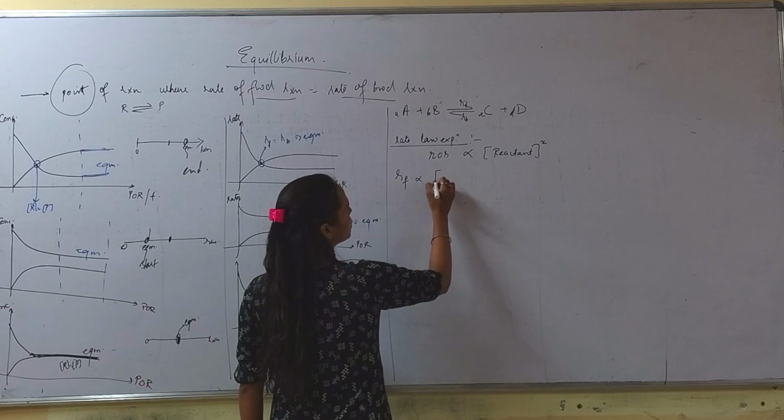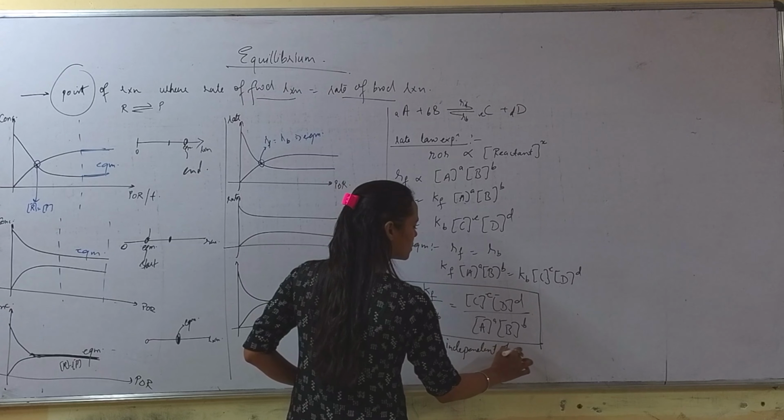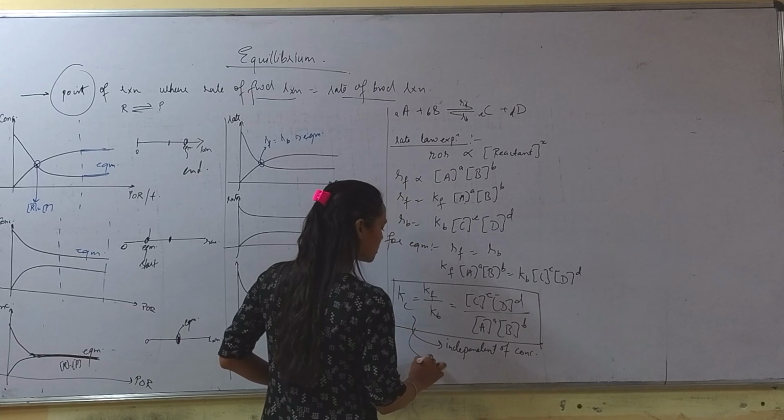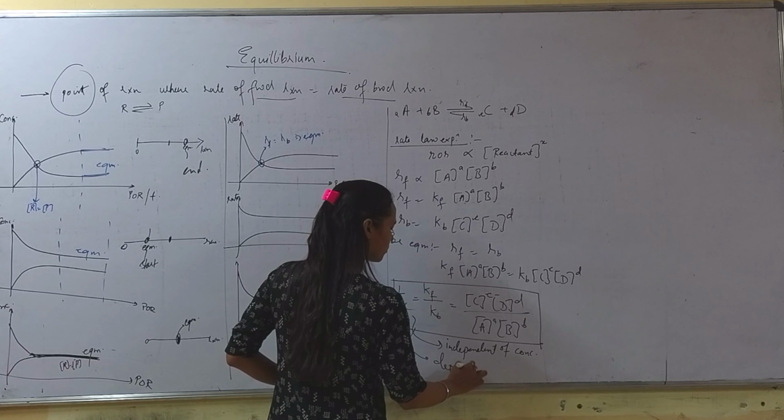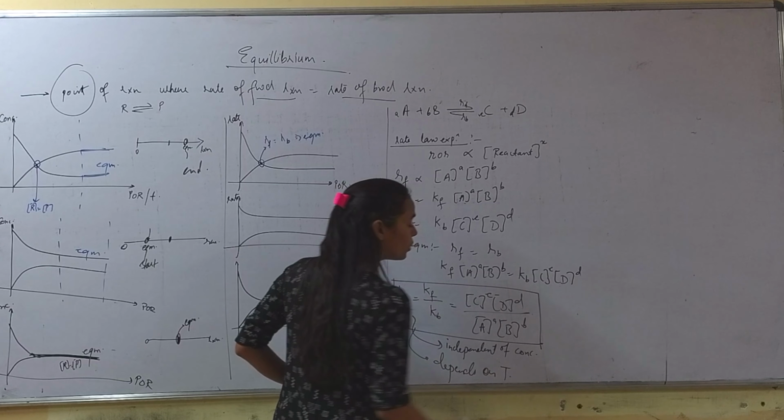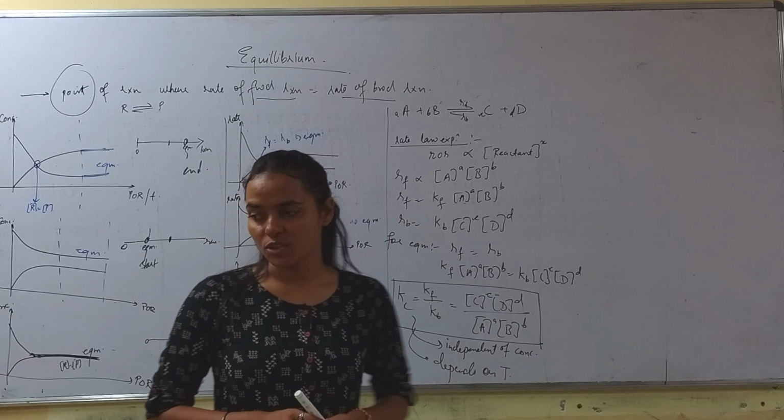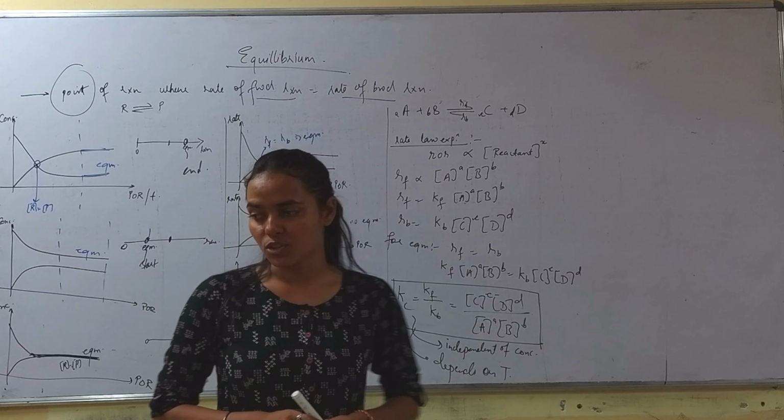Okay. An important point about this is that we are calculating this Kc with the help of concentration, but it is independent of concentration, right? Kc is independent of concentration, so it depends on temperature only. With the temperature, it is going to change.